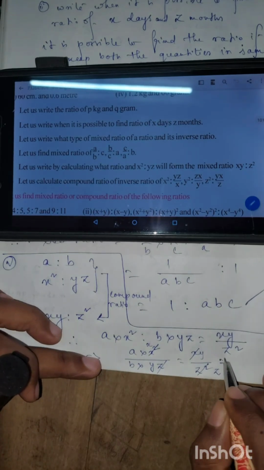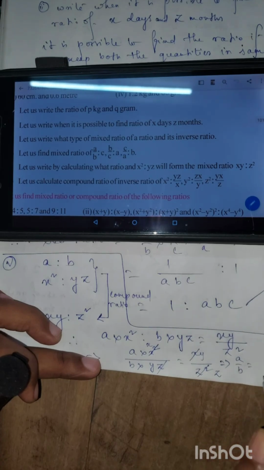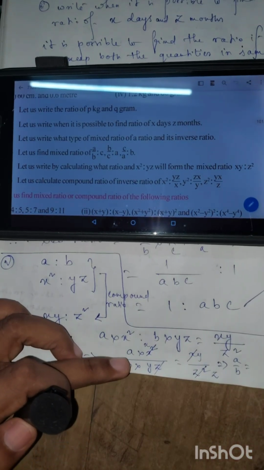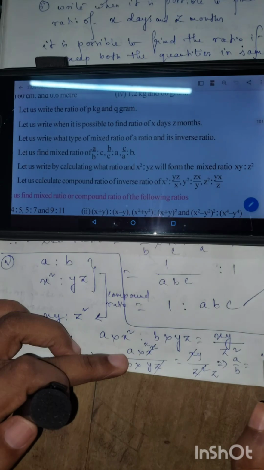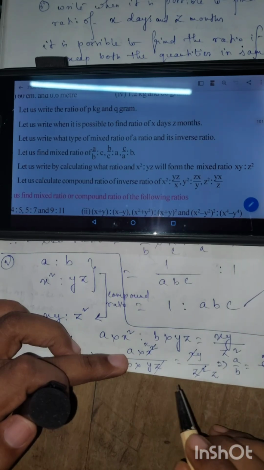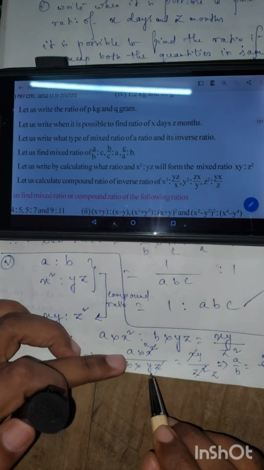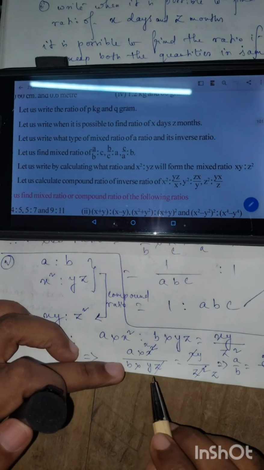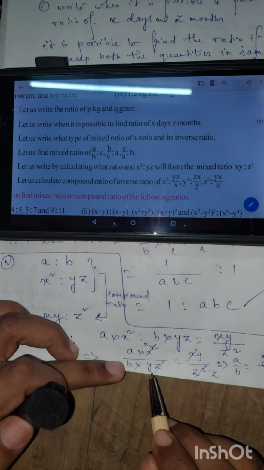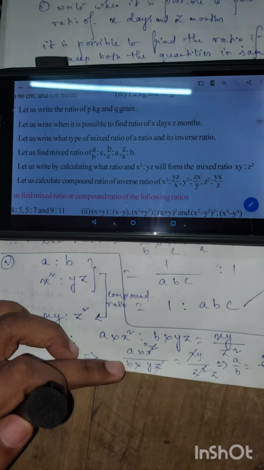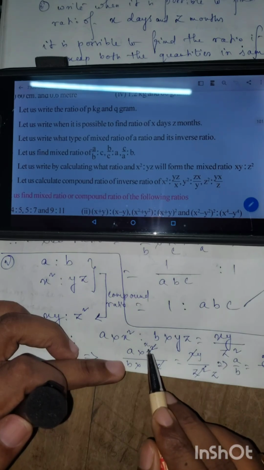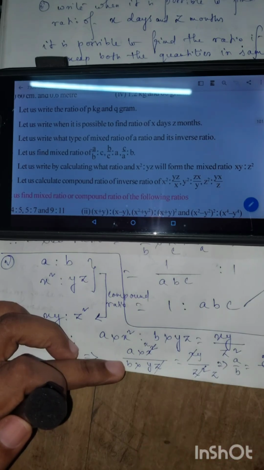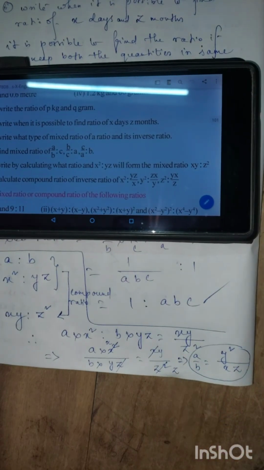So A by B is equal to y square. Okay, y from the denominator is transferred to the right side. So y square, and x from the numerator is transferred to the right side. So it becomes xz. So this is our unknown ratio. A by B equal to y by zx. This should be the answer.